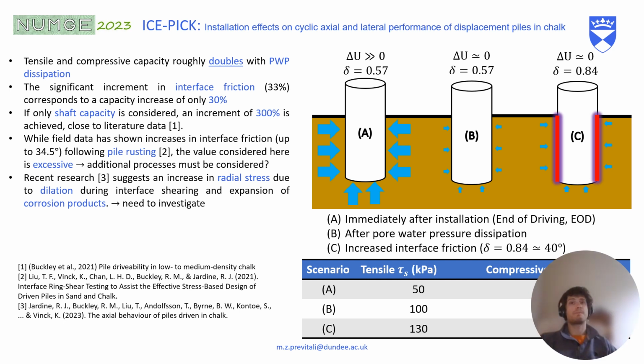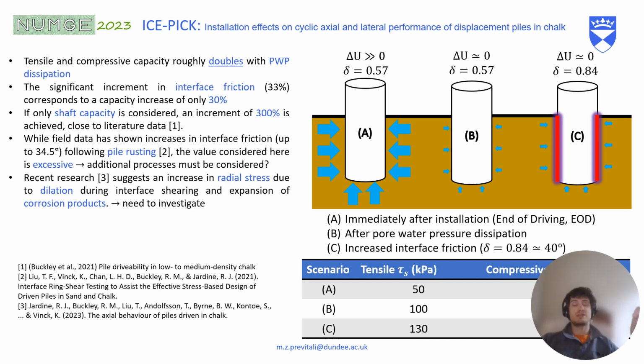So what can we say? Between the first two cases, the tensile capacity roughly doubles with pore water pressure dissipation, which is consistent with literature data. It's possible to capture the shaft capacity increment to 300% from the end of driving state.